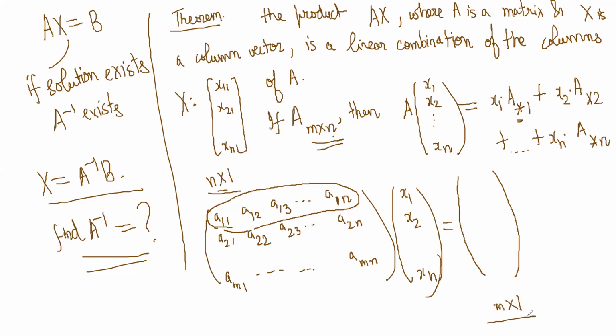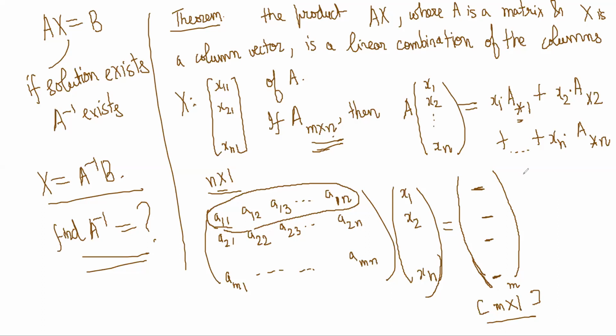What is the order of the final thing? M cross 1 only. So how many entries will be there? M entries, till the m-th row. So m rows are there in one column only.